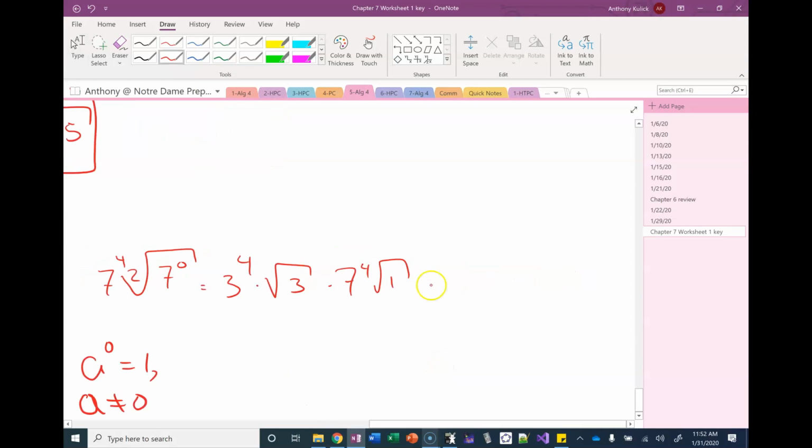So this can really become, I'm not going to do that, but 21 to the 4th square root 3. I would need a calculator for the 21 to the 4th part.